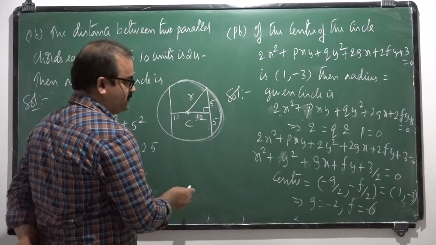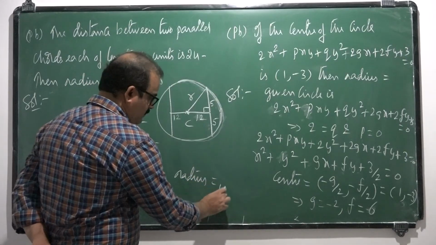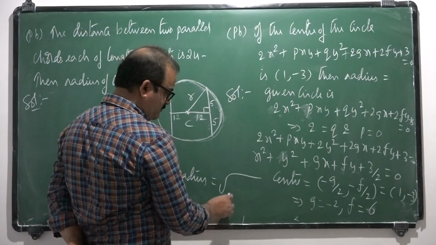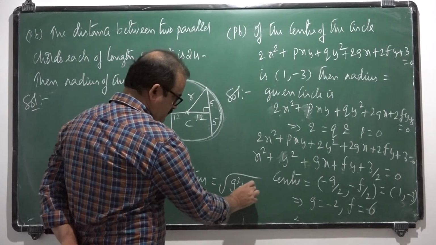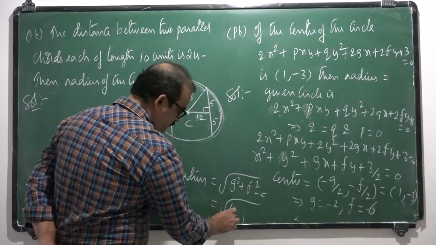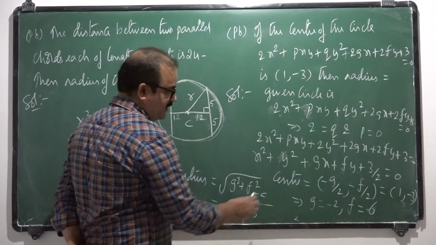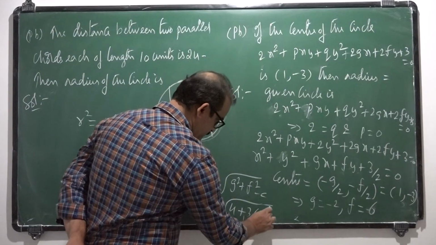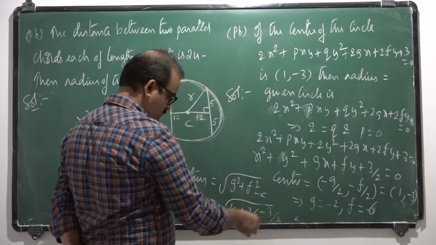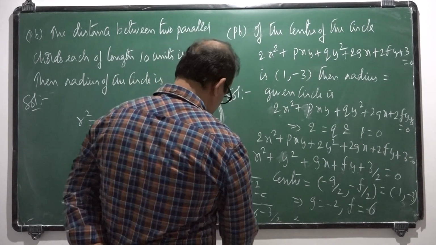Now radius is equal to root of g square plus f square minus c. Root of g square 4, f square 36, minus c. What is c here? 3 by 2. 36 plus 4 is 40.